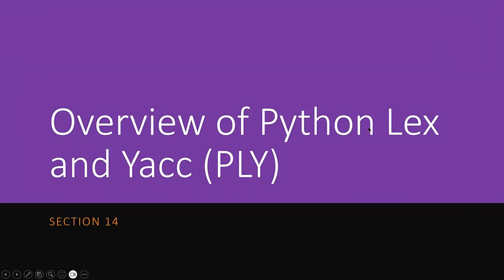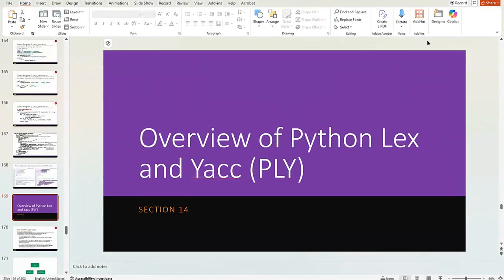Now, that is not what we would introduce here. You can study the C++ version for it. But right here, we are going to introduce another version called PLY, the Python version of Lex and Yacc. This one is quite different from the C++ version.